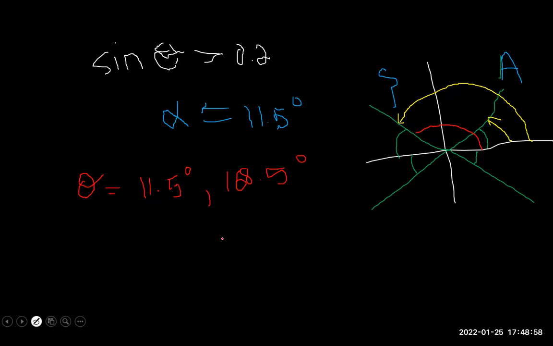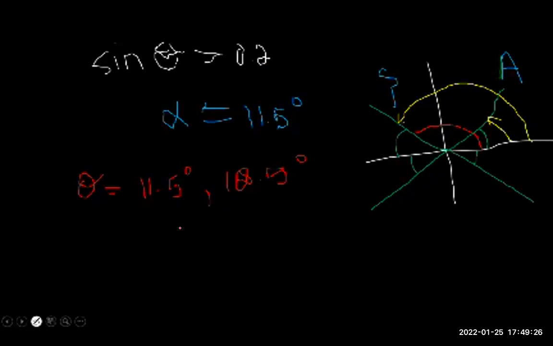Now, if you do sine of 168.5, what answer do you get? 0.2 also. Yeah, so that proves that if the value of theta is 11.5 or 168.5, I will get 0.2.